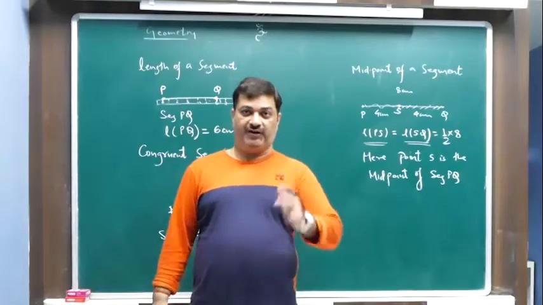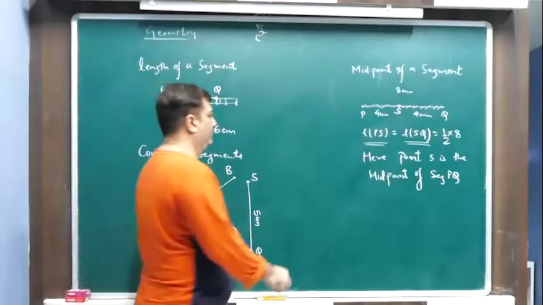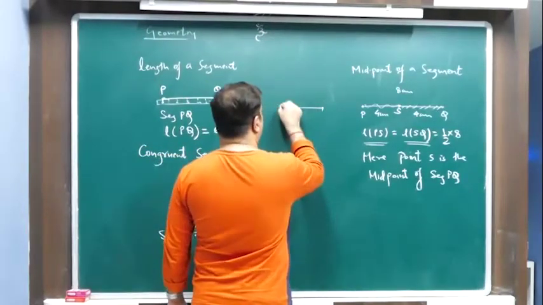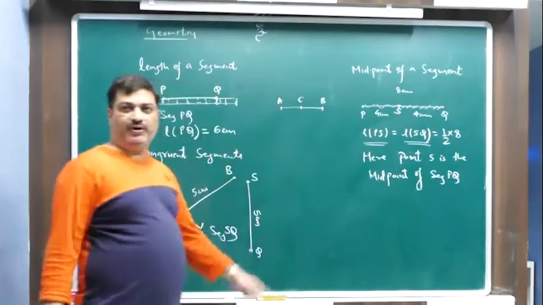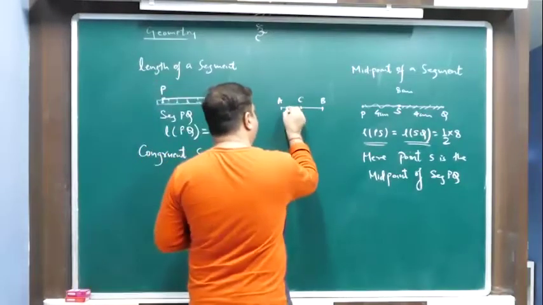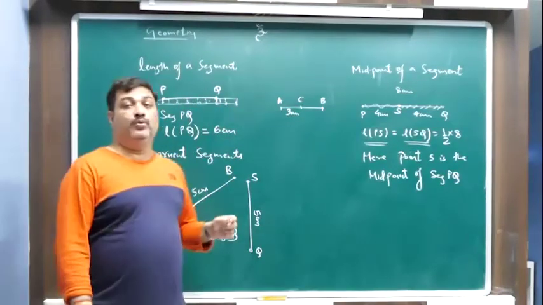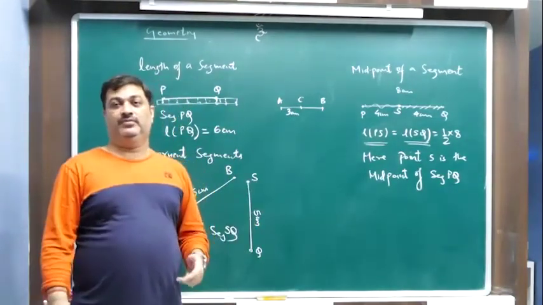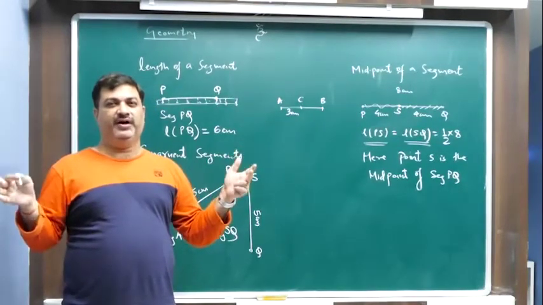Half of it. Now I ask you one question. Supposing I don't give you the full length and I give you the part length. I say this is AB, this is C. C is the midpoint, okay? AC is 3 centimeter. Now I want to know what is the total length of AB. Simple, right?